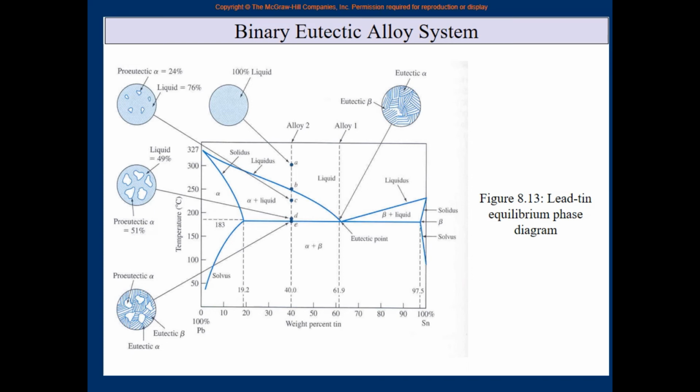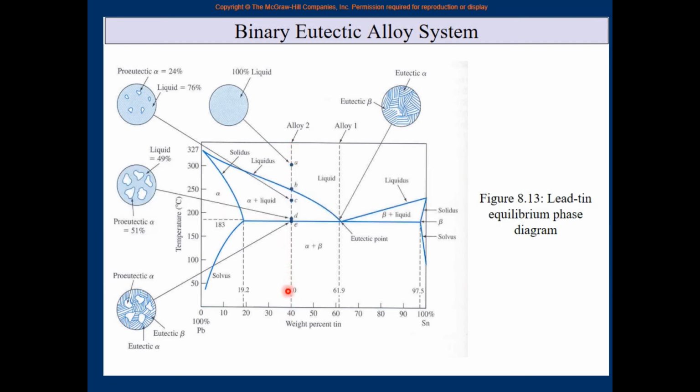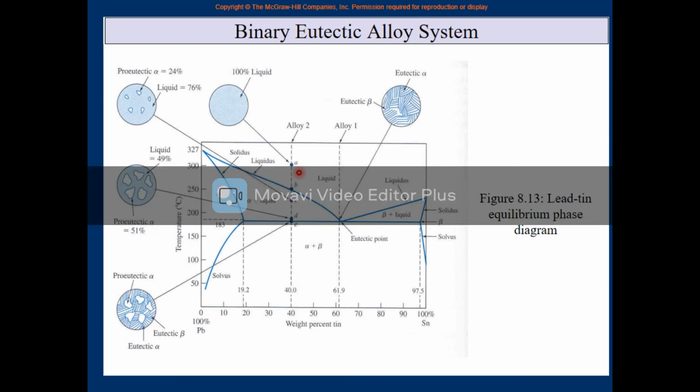So let me repeat. The example was a 40 weight percent tin alloy, and we want to find what happens when we cool from a very high temperature to room temperature. We take a point A. First of all, we draw a vertical line at our composition. At a very high temperature, point A, there will be a completely liquid phase with the original composition.